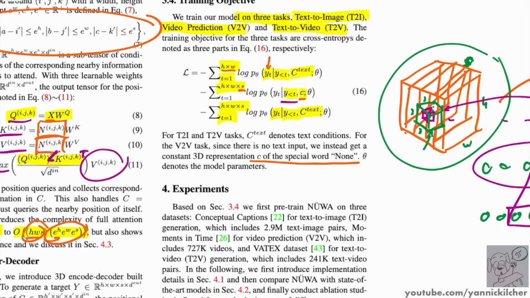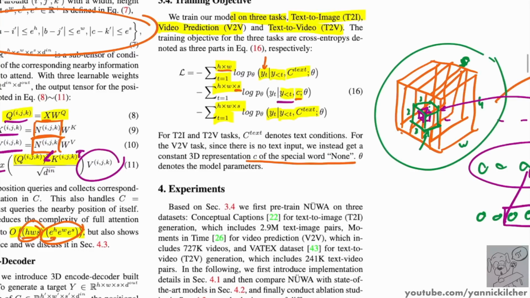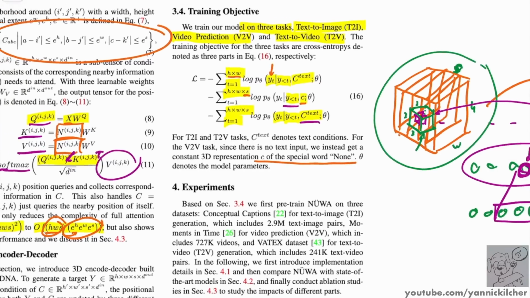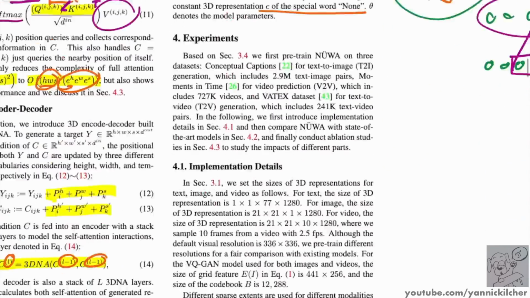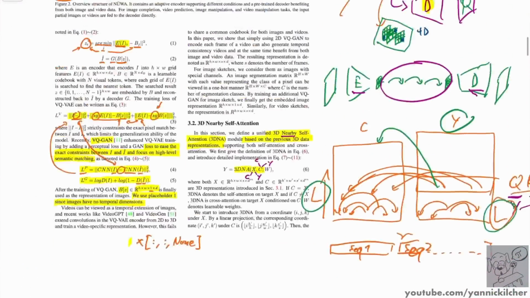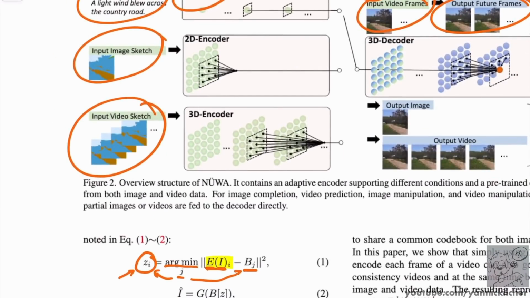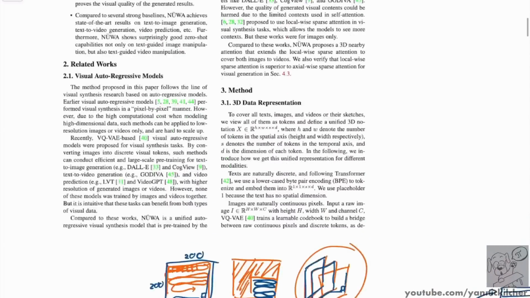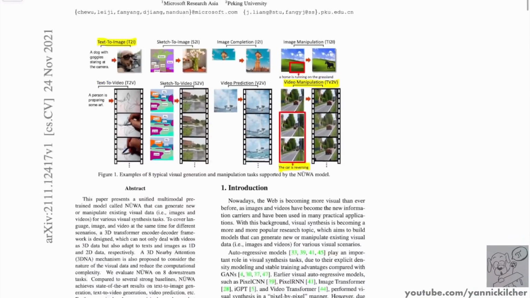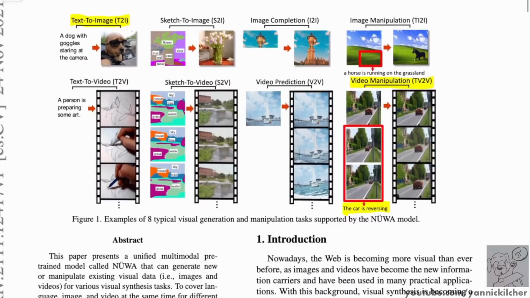But there is no, for example, sketch conditioning right here. It's always either text or nothing. And this is pre-training. So that means everything you see to do with sketch is then fine-tuned. So when I first saw this, I thought, oh wow, they train these jointly, everything's joint, and then the same model can do all of these tasks. And it turns out no, actually most of these things are then fine-tuned down the line.